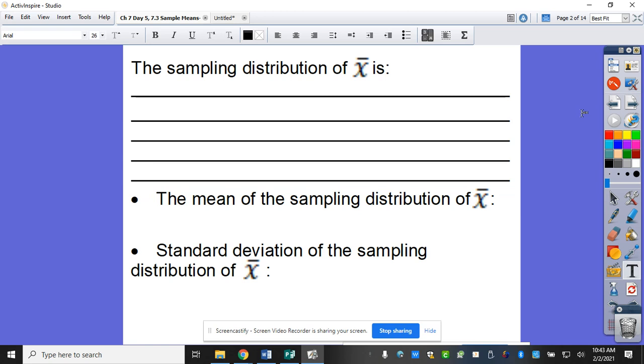So actual notes in front of you. Maybe, maybe not. Some of you would know this. Writing down what the sampling distribution of x bar is should be really easy if you remember what the sampling distribution of p hat is.